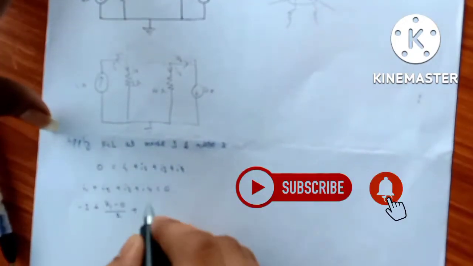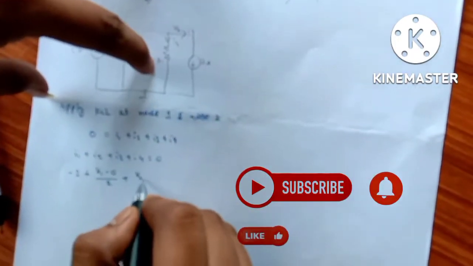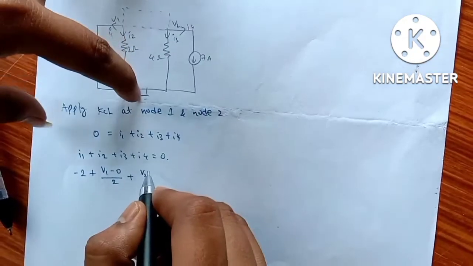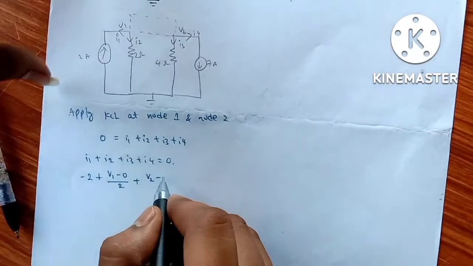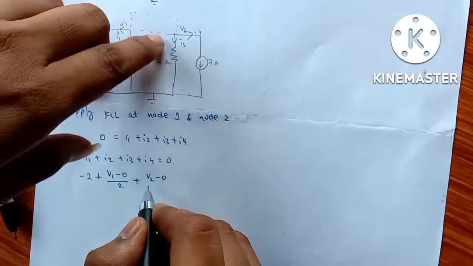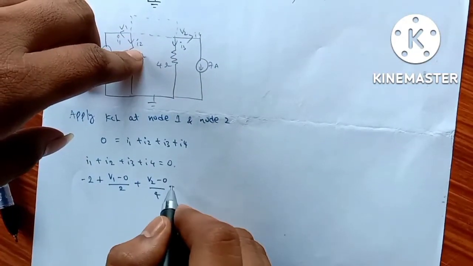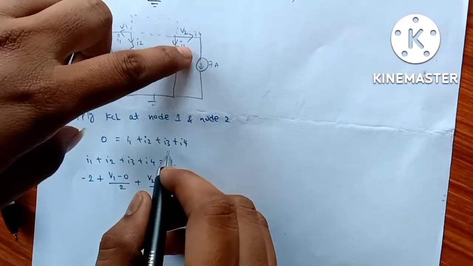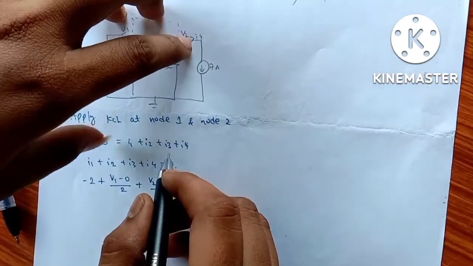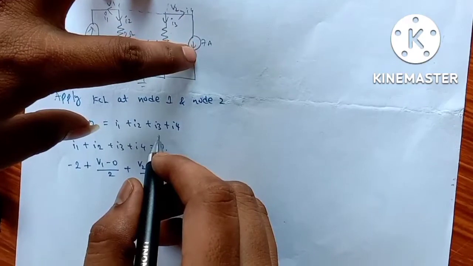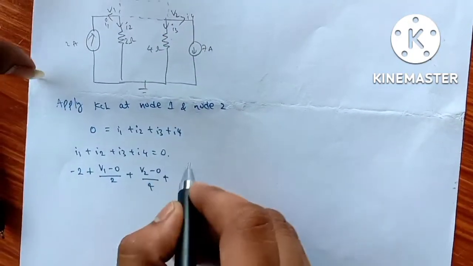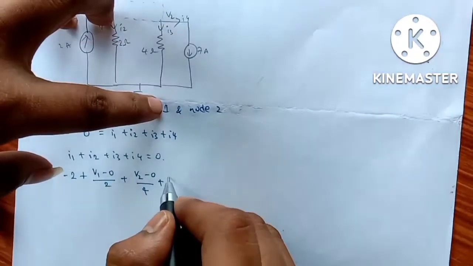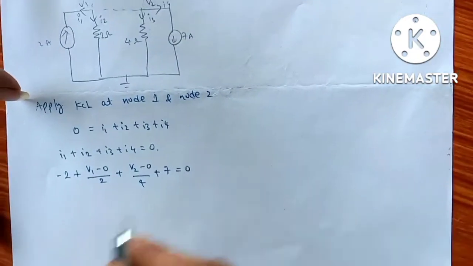From Ohm's law, I3 is V2 minus the ground voltage, which is 0 volts, so V2 minus 0 by 4, plus I4. What is I4? I4 is the current flowing along the direction of the 7 amp source, so I4 equals plus 7, which equals 0.